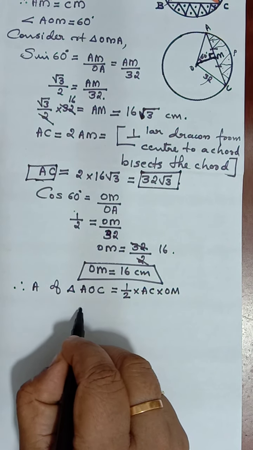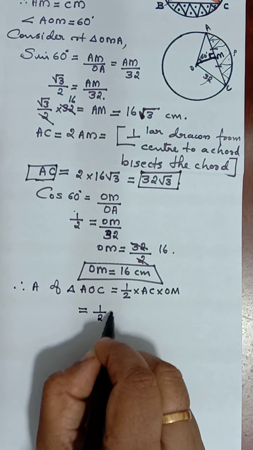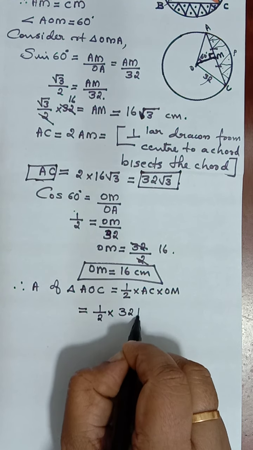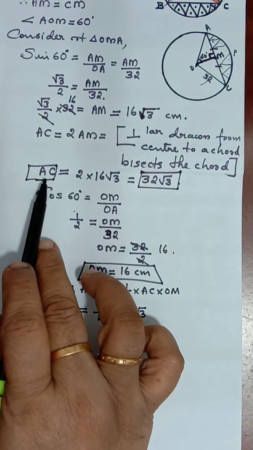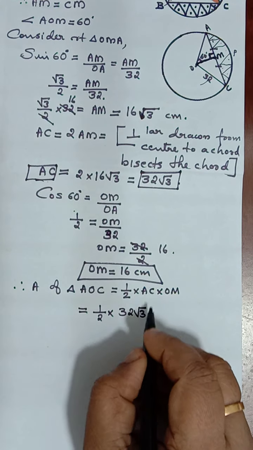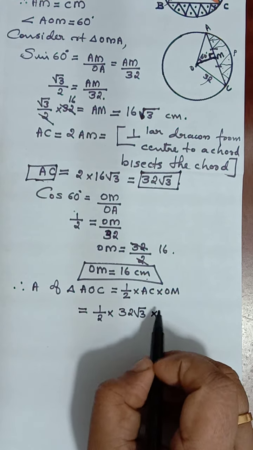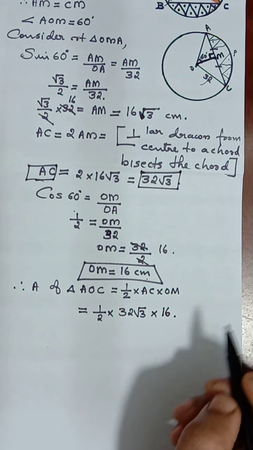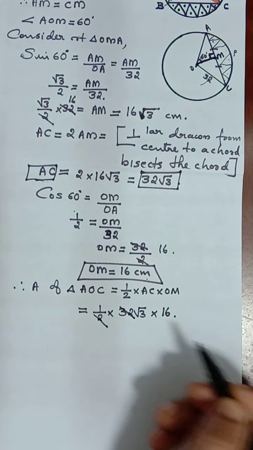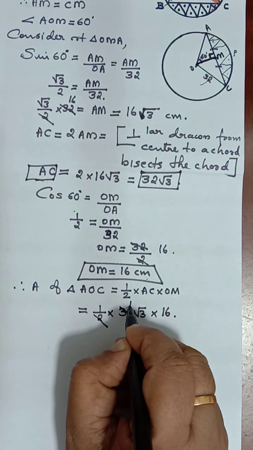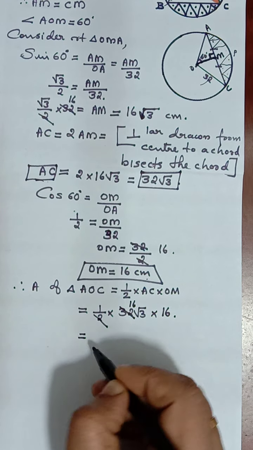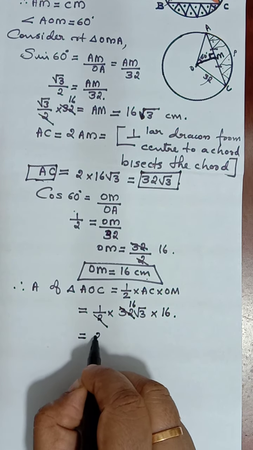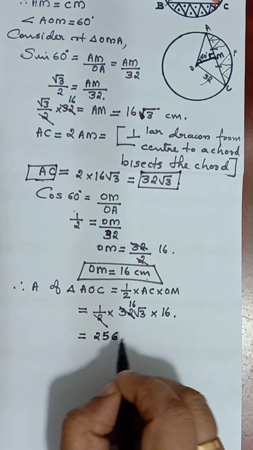So that is equal to half into AC, which is 32 root 3, and OM is equal to 16. Here you can simplify. What do we get? 32 when you divide by half becomes 16. 16 into 16 is 256 and root 3 value 1.73.